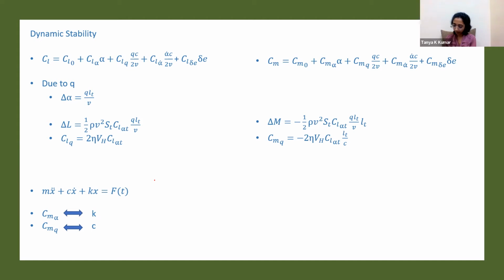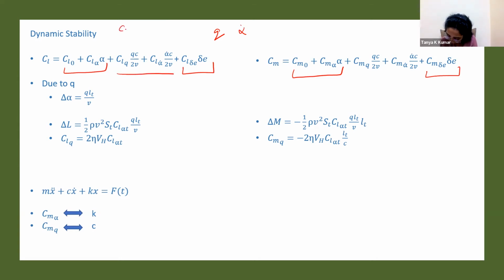We linearly assumed CL to be varying as CL naught plus CL alpha into alpha and CL delta E into delta E. Similarly, you had CM naught, CM alpha into alpha, and CM delta E into delta E. Now, when you do the dynamic analysis, a time component comes in, and you have two new terms: pitch rate Q, and rate of change of angle of attack, alpha dot.